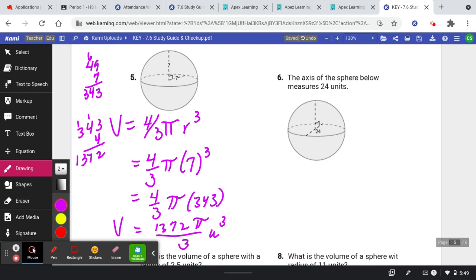Next one gives us the axis, or the whole diameter, of 12. So our radius is going to be half of that diameter. And so now we go volume.